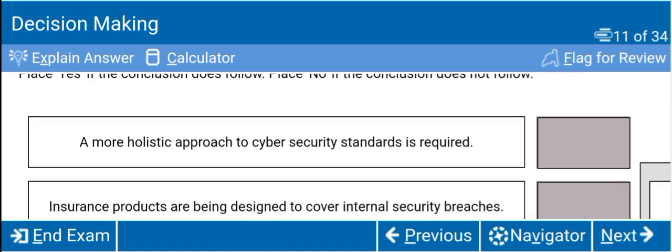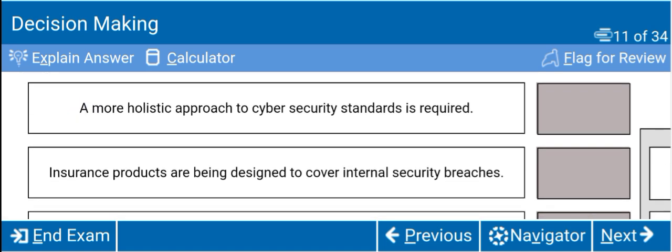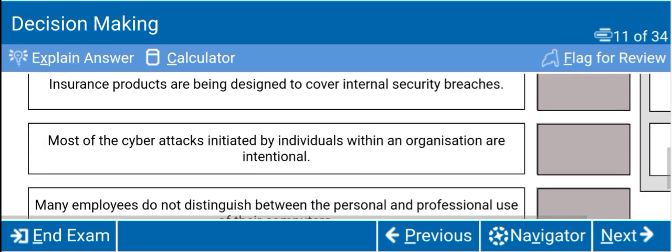A more holistic approach to cybersecurity standards is required. Insurance products are being designed to cover internal security breaches. Most of the cyber attacks initiated by individuals within an organization are intentional.